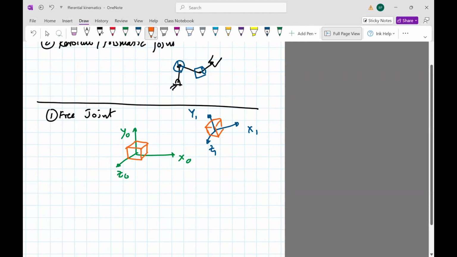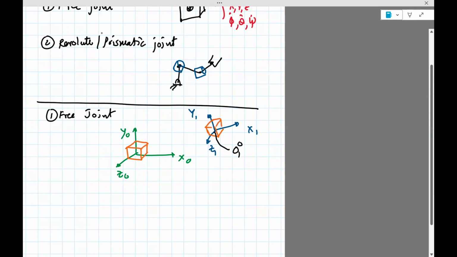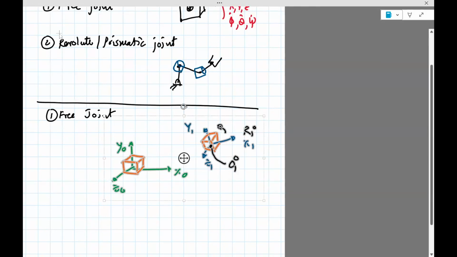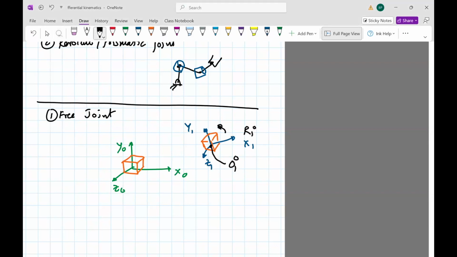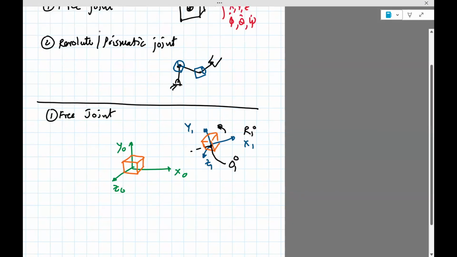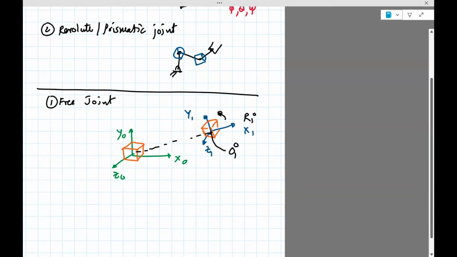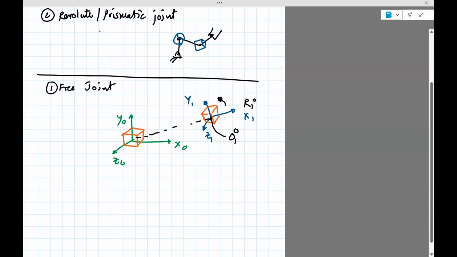Okay, and then we had written down how to describe the frame. We have the origin of the frame, which is here, and then the rotation for this is R10. This O10 is basically the position of this. So we wrote down H10 as R10, 0, O10, 1.